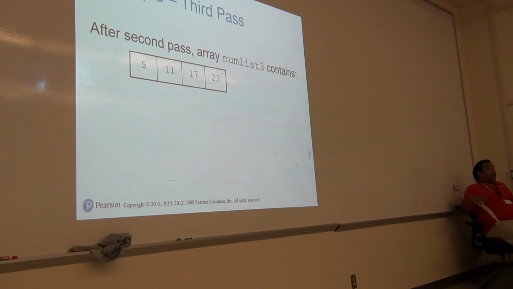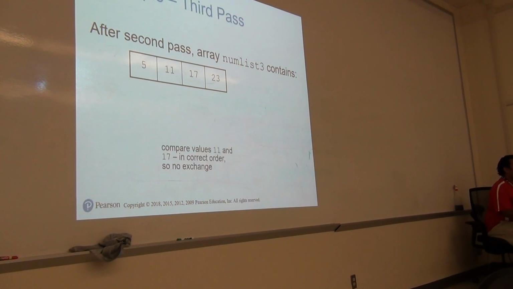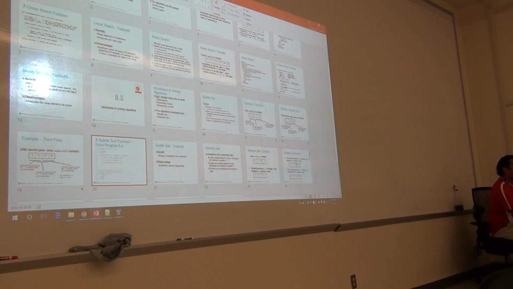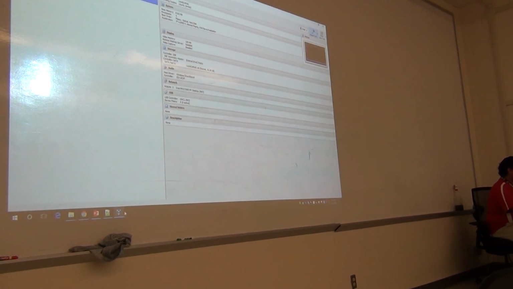And so after the second pass, it actually looks like they're in order. And so we go through and validate that there are no more swaps that we have to do, meaning that there are no exchanges. Okay? So let's pull up some code.